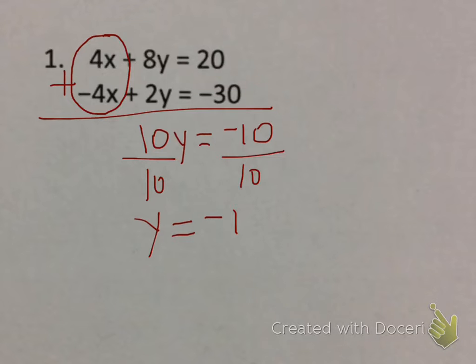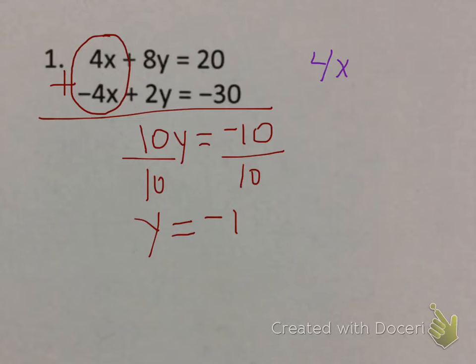So now what I'm going to do is substitute that value back into one of the two original equations to solve for the other variable, because anytime I'm solving a system of equations, I need an ordered pair for my solution.